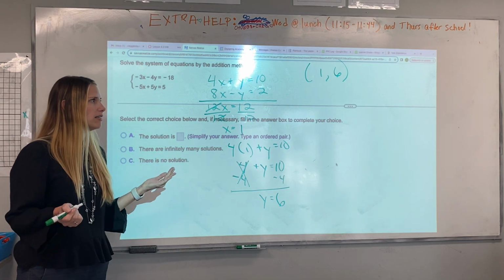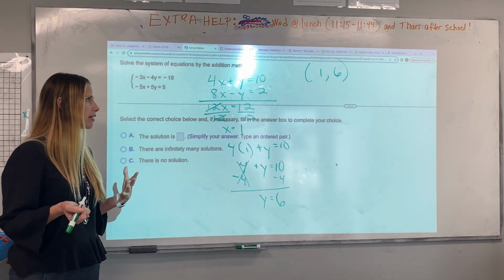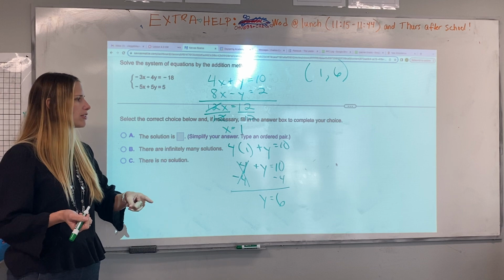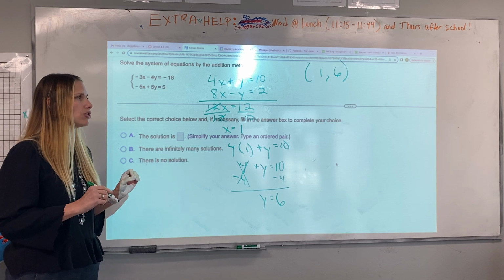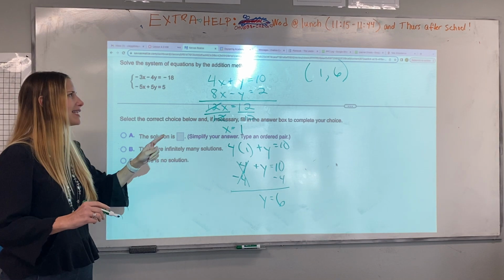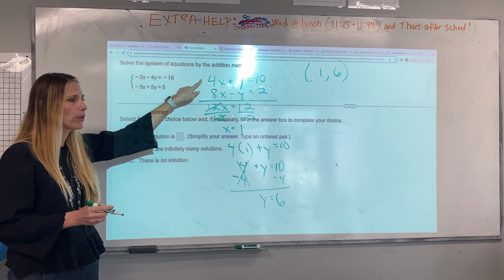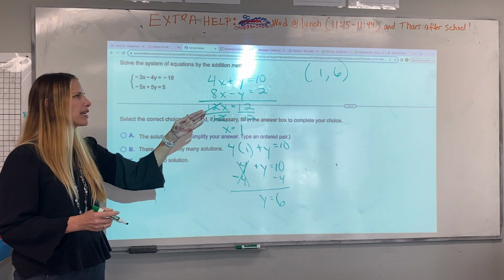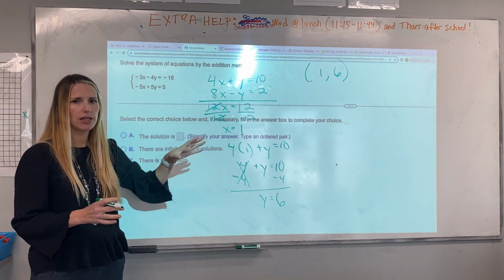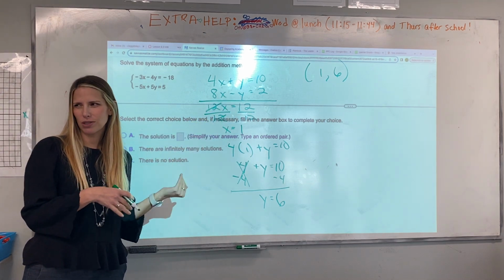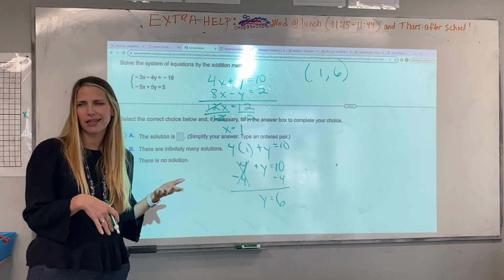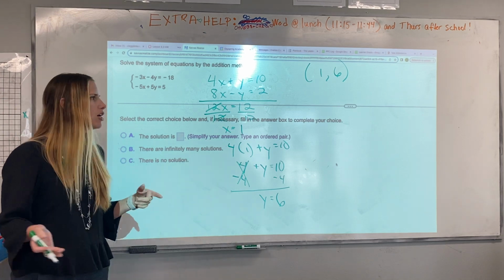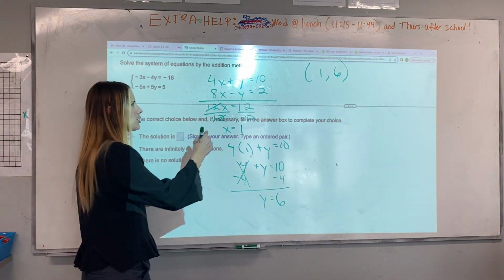That's your solution, but you can double check by plugging your x and y value back into an equation. Since we used the top equation to solve for y, I'm going to plug it into my bottom equation, because if I plug that back into the top, it's just going to tell me that it's right.